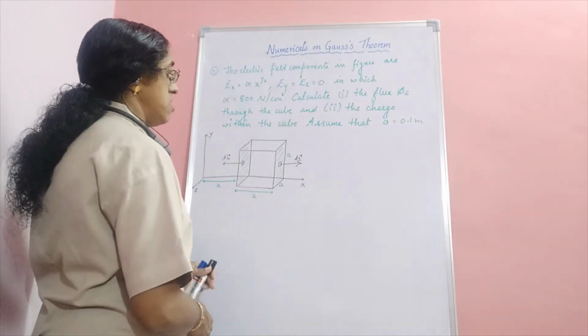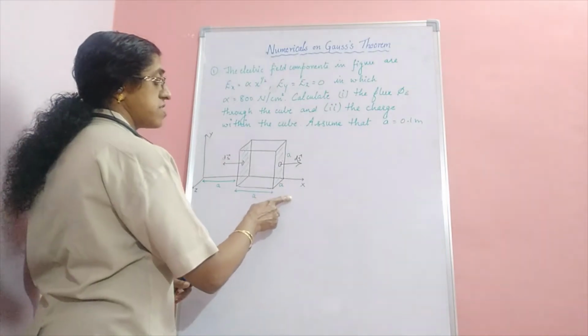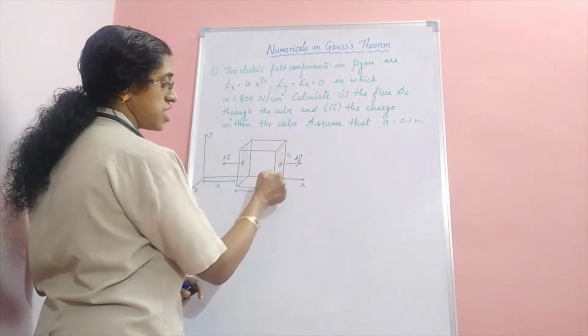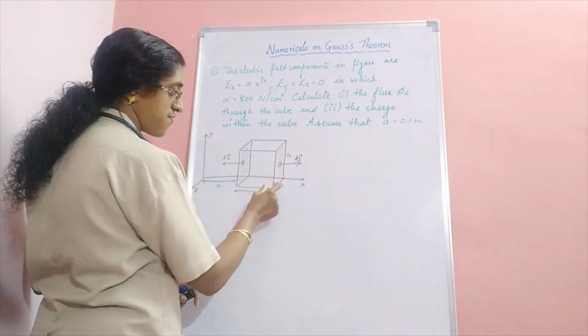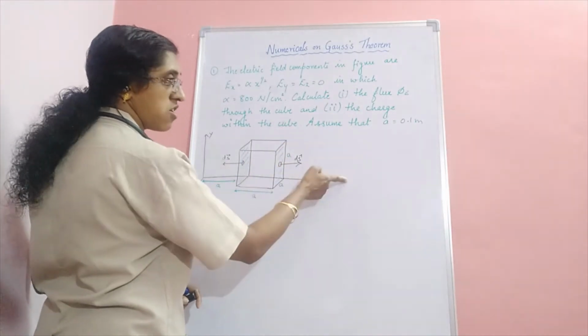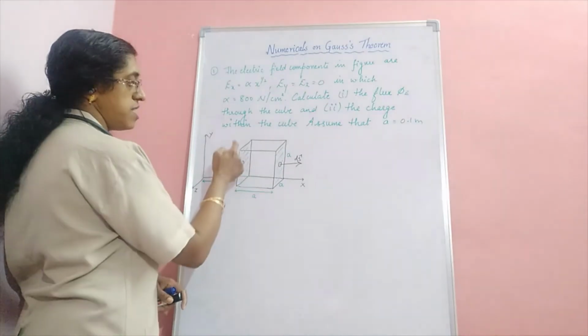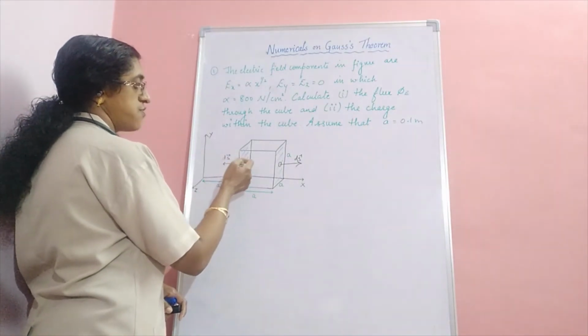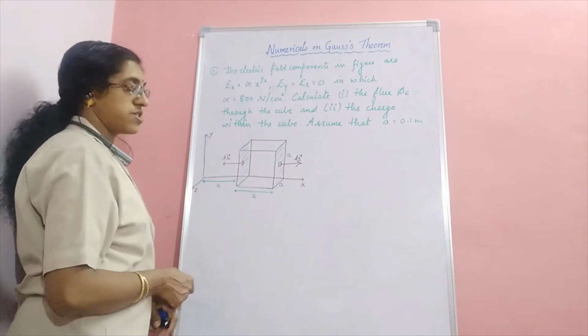If the electric field is present only along the x direction, then the normal to the shaded portion on the right face would lie along this direction, and the normal to the other shaded portion on the left side would lie along the left direction.